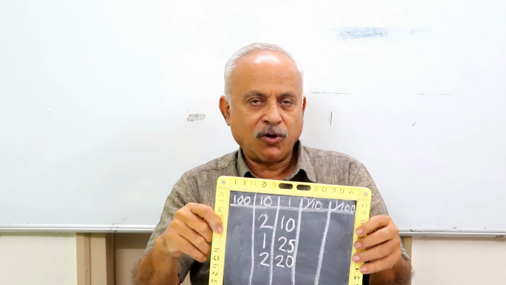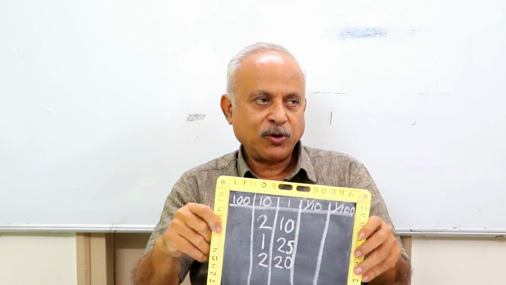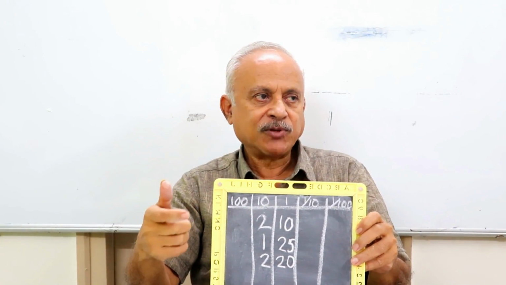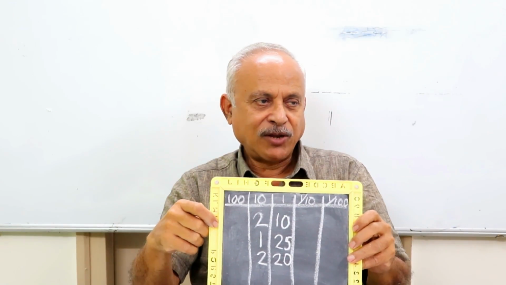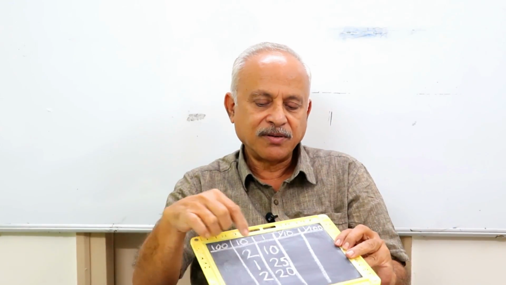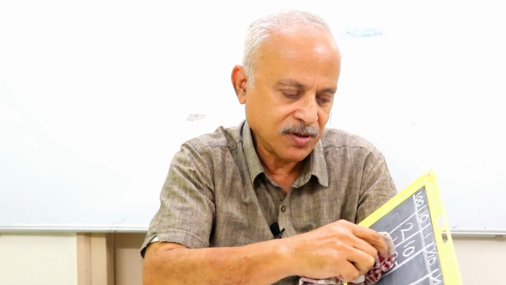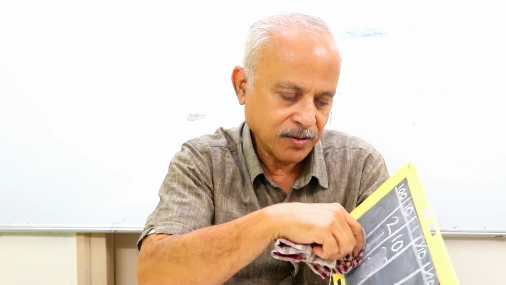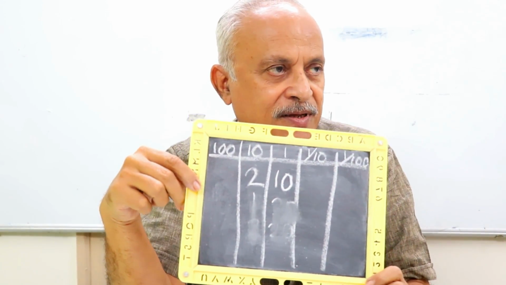You have written the long form, the extended form, but when you write 10 and 1, you have given the names of the houses. Okay? Can you write this number without writing the names of the houses?